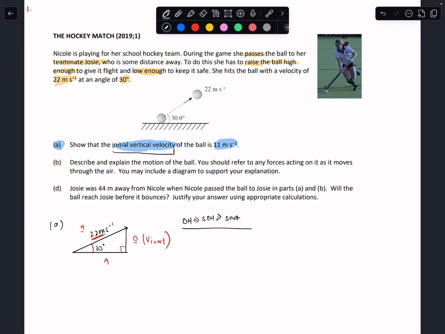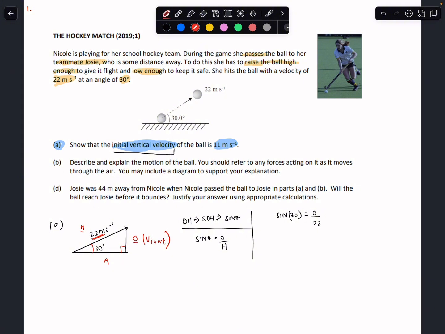Let's figure this out. The equation for this is sine theta equals O over H. Substituting everything in, we've got sine 30 equals opposite over hypotenuse, which is 22.